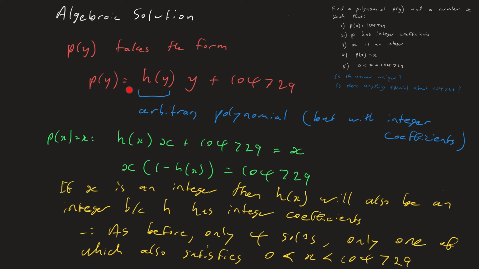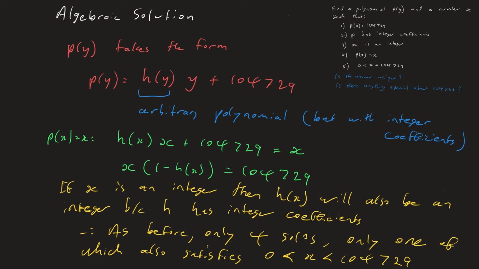Well, a little bit of thought shows that the first requirement means that I can rewrite p of y as some polynomial times y plus this number here. Now, if you haven't seen this trick, it might take a few minutes for it to sink in. Remember that when we studied a degree 1 polynomial, I just had a number here. So all I've really done is replaced my number here with a polynomial.